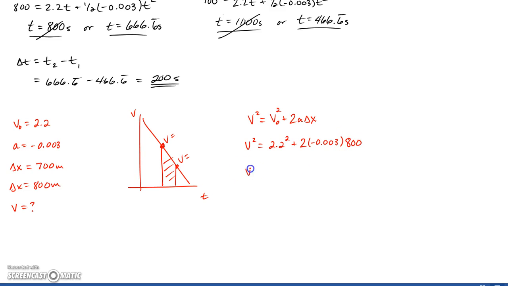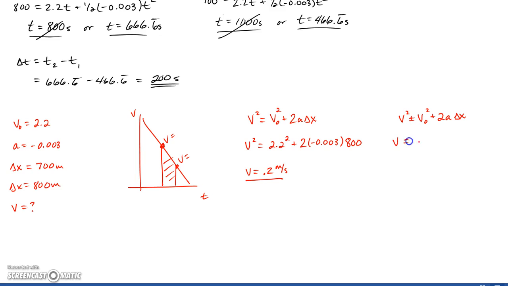All right, so now I can solve for what my velocity is. And again, you'll actually have a positive and a negative here because you're taking the square root, but we're just going forward, so we only care about the positive. If I do that, then I get a velocity of 0.2 meters per second. Then I can do it again for the other displacement: v squared equals v initial squared plus 2a delta x.